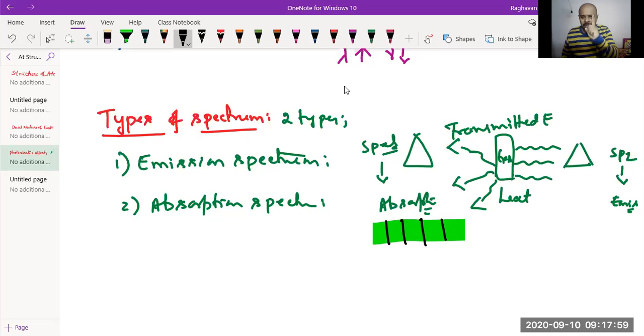Dark lines indicate the absence of certain radiation, corresponding to the absorption of energy by the gas. Whereas in the case of emission spectrum, it is quite the reverse.